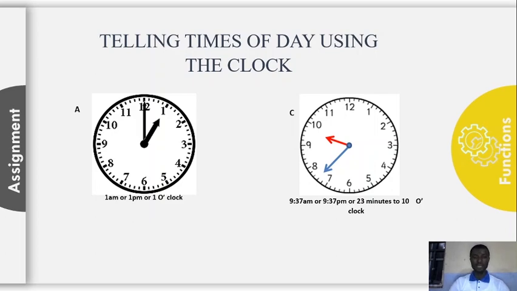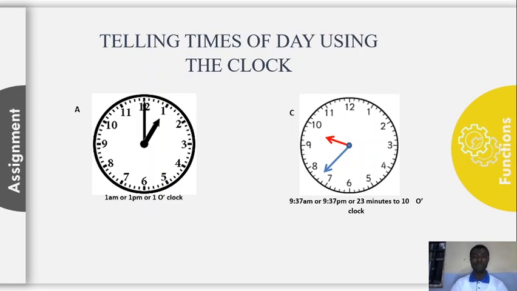And if it is night, okay? If it is night, it will be what? 9:37 PM. Now, of course, at 9:37 AM, it is day already. The place is clear.